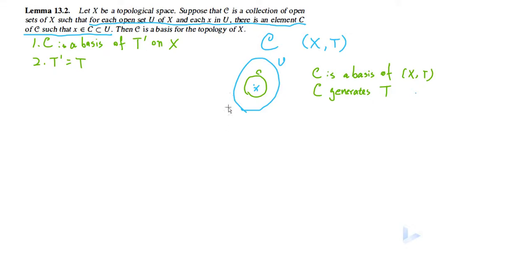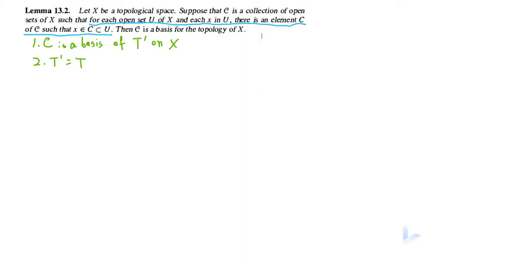Okay, let's do it. So let's delete this first. Okay, proof. For the first step, we need to prove C is a basis. Because we don't have too many tools to do that, we can use the definition of a basis.